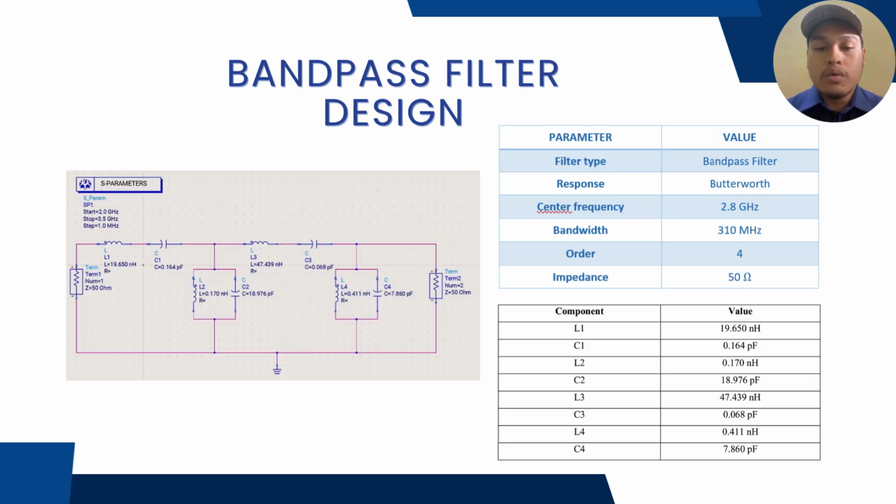The component values were calculated and optimized, starting from L1 at 19.65 nanohenry down to L4 at 0.411 nanohenry. Along with their respective capacitors, the setup ensures a maximally flat bandpass response.